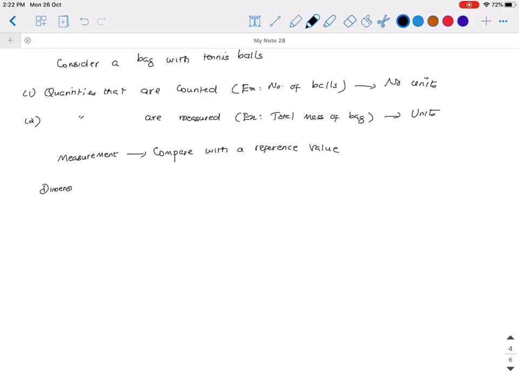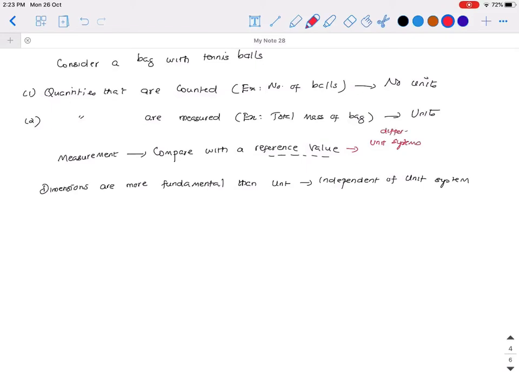Quantity dimensions are more fundamental than units, and are independent of the unit system. The reference value is always coming into the picture here.